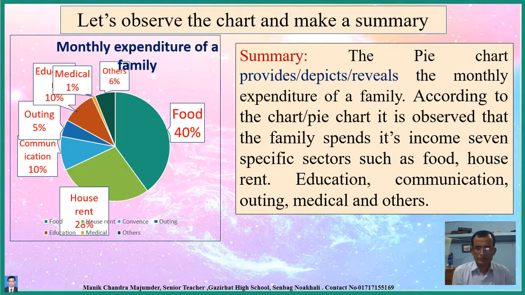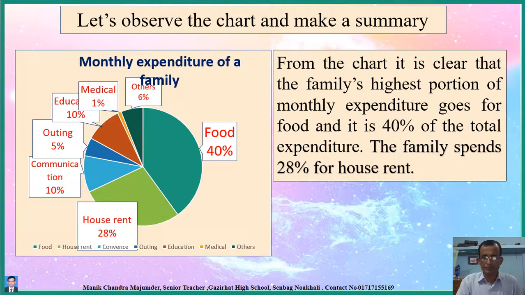According to the pie chart, it is observed that the family expends its income on seven specific sectors such as food, house rent, education, communication, outing, medical, and others. From the chart, it is clear that the highest portion of the family's monthly expenditure goes for food, and it is 40% of the total expenditure.